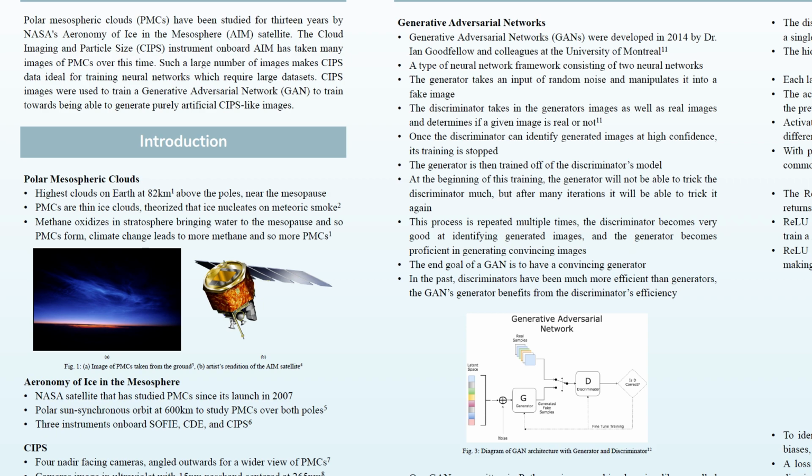These clouds are actually forming more and more often due to climate change, from pollution and other industrial factors that release methane into the atmosphere. So the observation of PMCs is used to study climate change, because you have methane in the upper atmosphere from this.